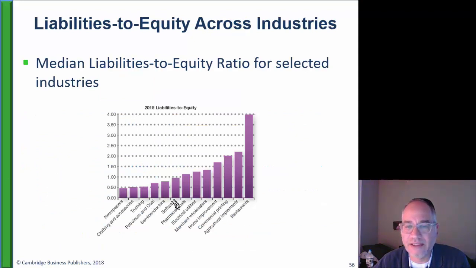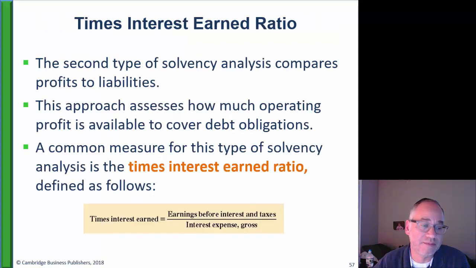Here you can see liability to equity ratios, and a general one would mean that your liabilities are equal to your equity. You can see that restaurants, agricultural implements, cultural printing, and home improvements have a lot of debt. Newspapers, clothing and accessories, and trucking don't have very much debt. The times interest earned ratio is an income statement based ratio, and it would be EBIT, earnings before interest and taxes, divided by interest expense.